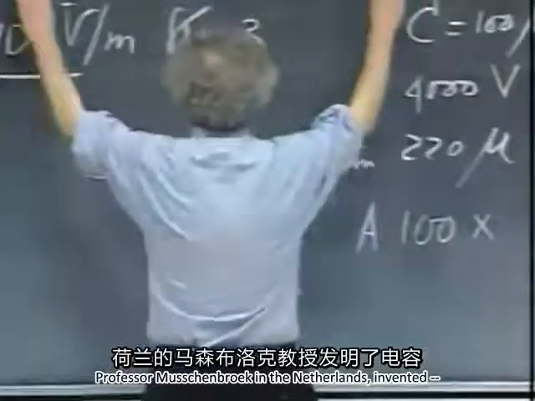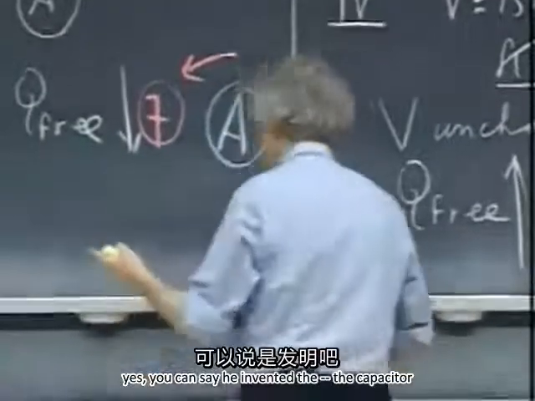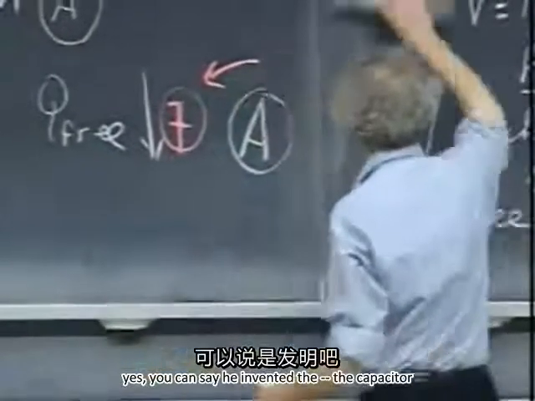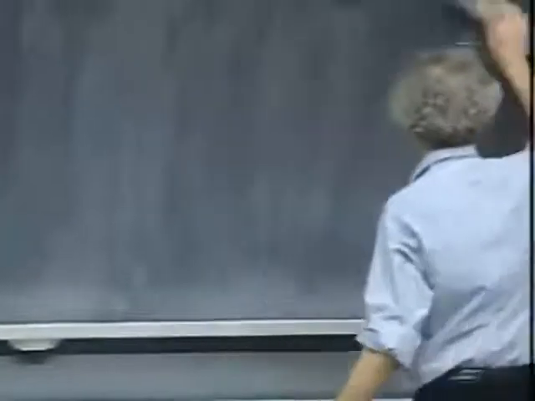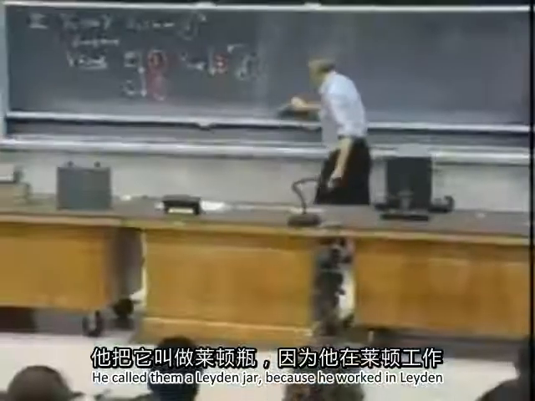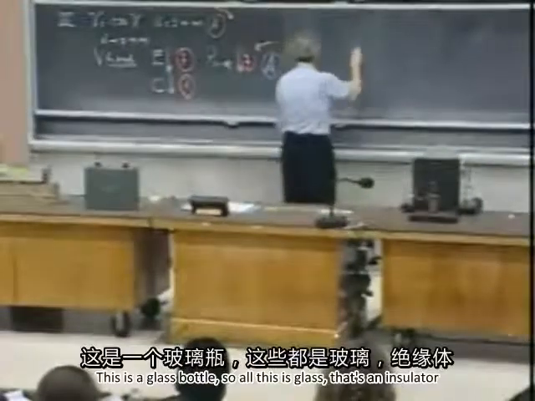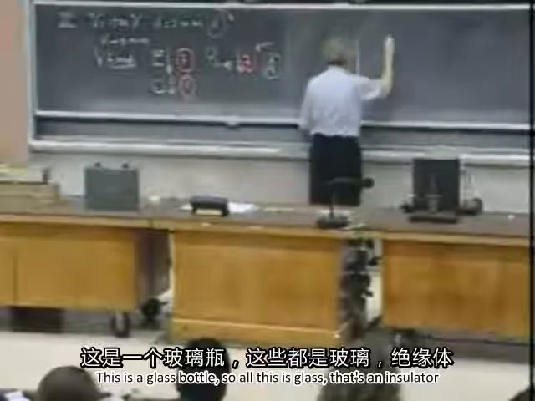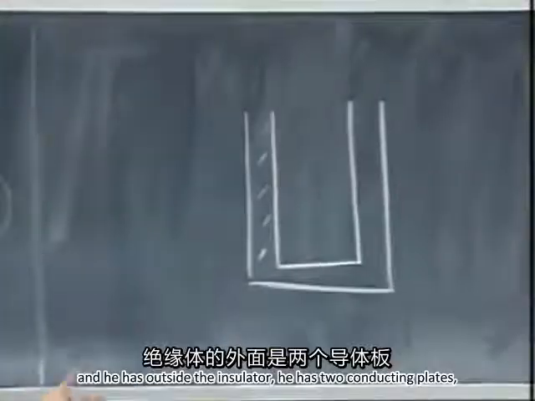Professor Musschenbroek in the Netherlands invented, you can say, the capacitor. It was an accidental discovery. He called it a Leyden jar because he worked in Leiden. And a Leyden jar is the following. This is a glass bottle, so all this is glass. That's an insulator.